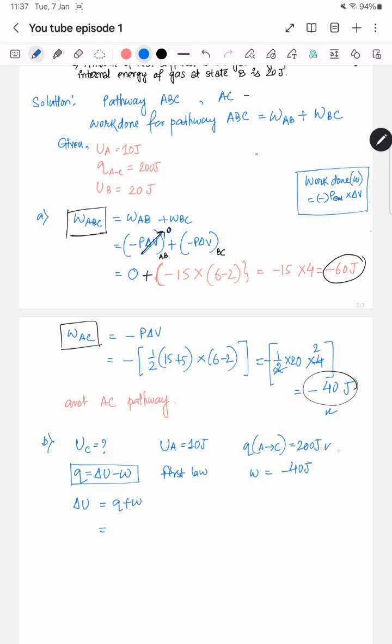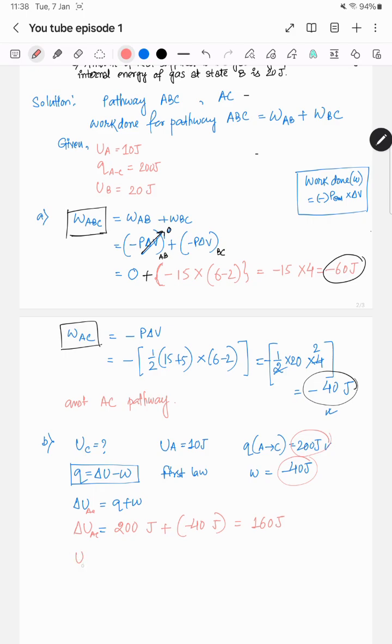Q is given, which is 200 joule. So 200 joule plus the work done, minus 40 joule. So we are left with 160 joule. What is this? The value of delta U, for the pathway AC that we are calculating.